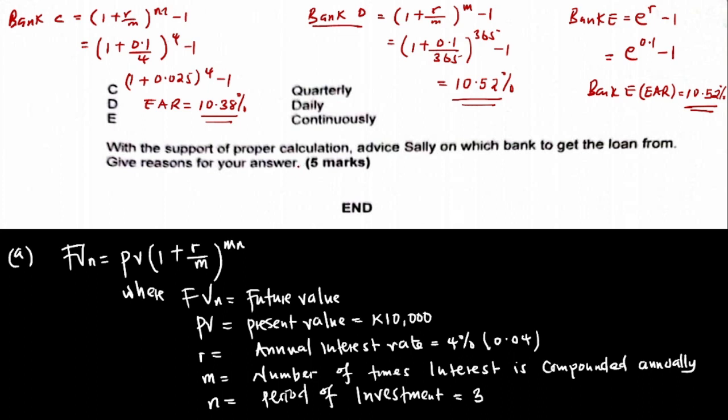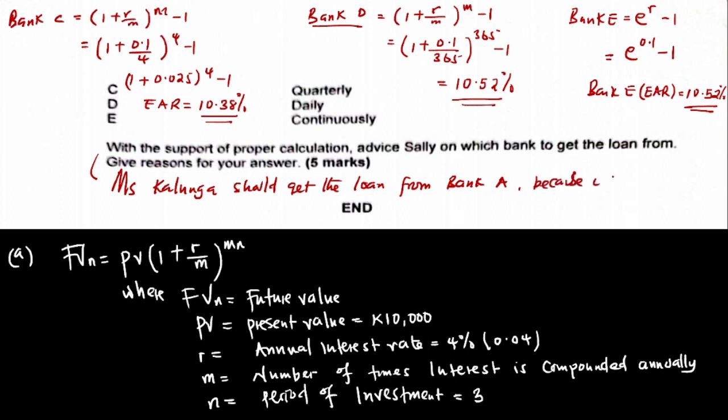Definitely, if she was to get a loan, she would love to get it from the bank with the lowest effective annual rate. So after this calculation, Miss Kalunga should get the loan from bank A, because it has the lowest effective annual rate of 10%.